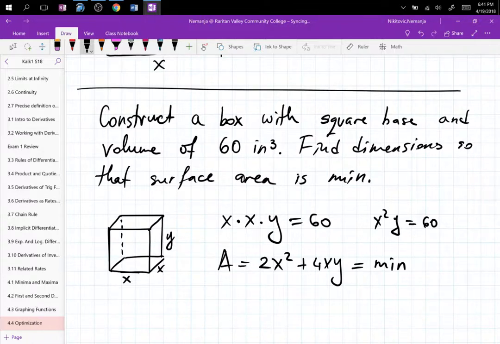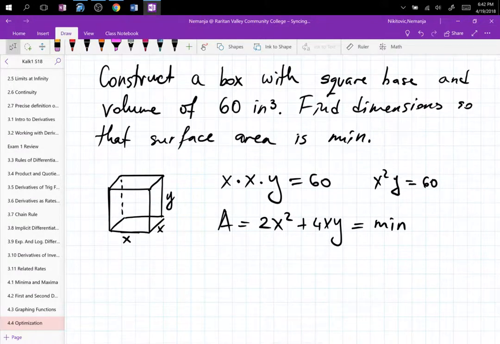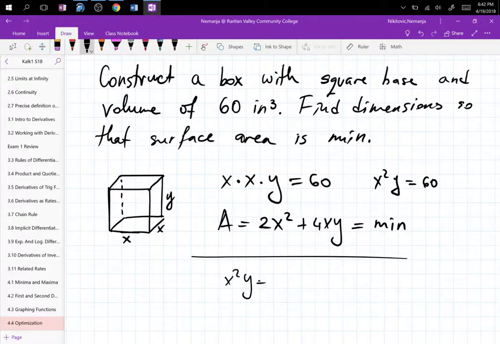So the top equation, the first equation, is the volume equation, and the one on the bottom is the objective equation. So now, when I put all of these things together, I am working with x squared y equals 60 and 2x squared plus 4xy equals minimum.